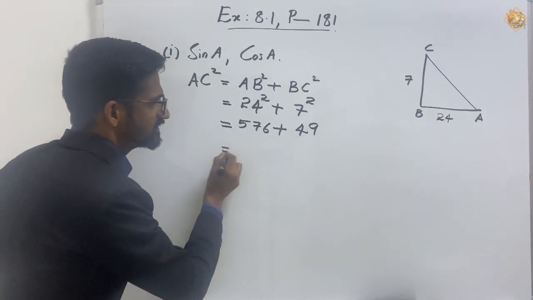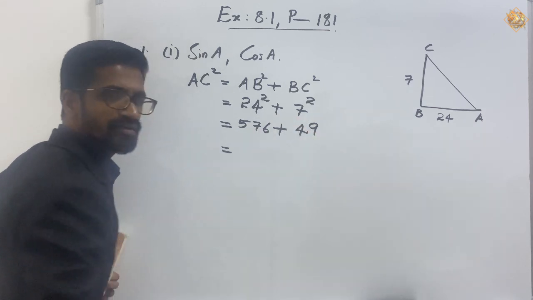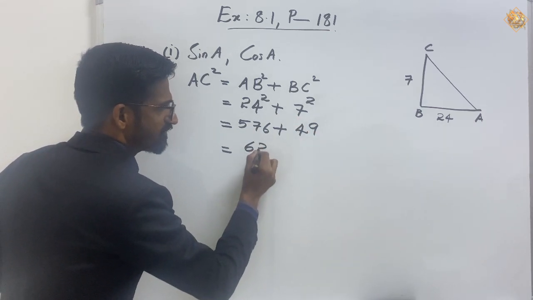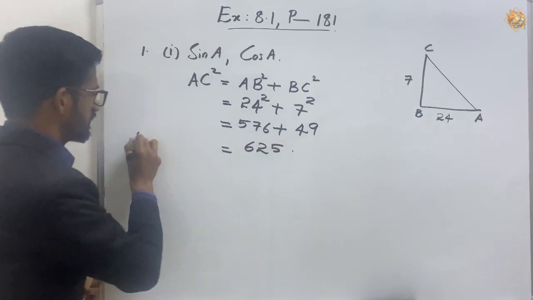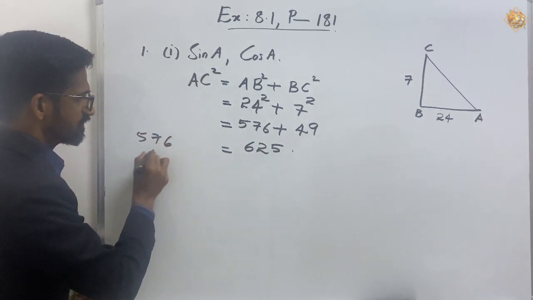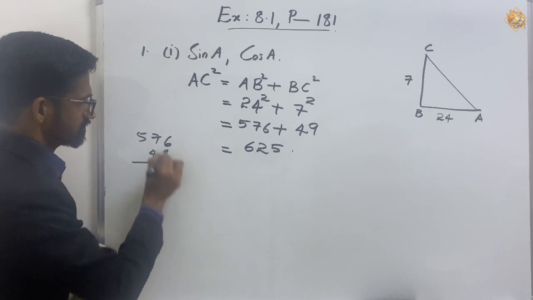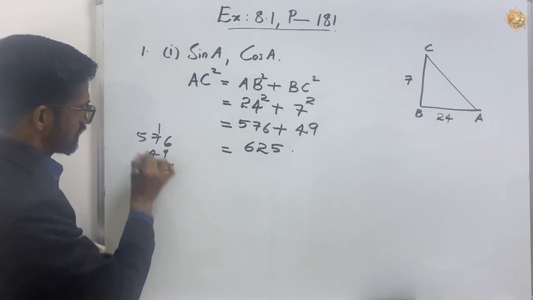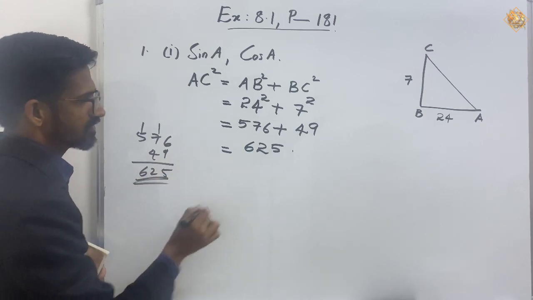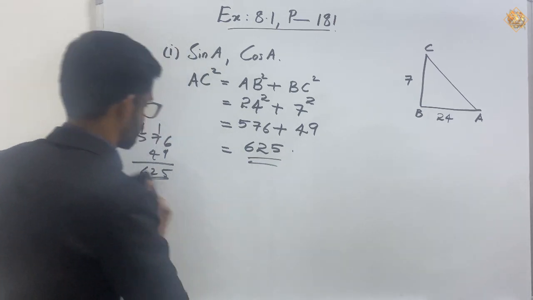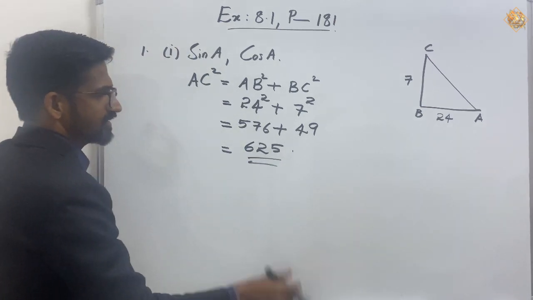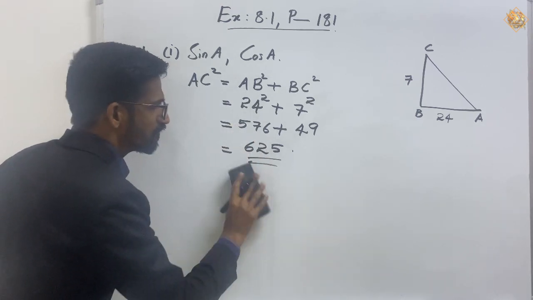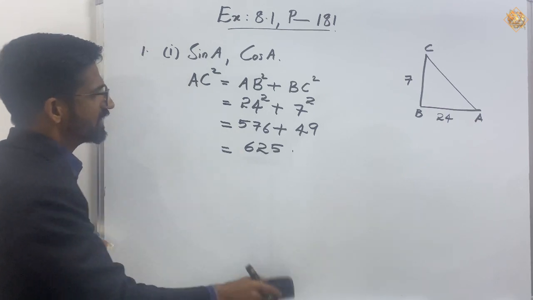Now when we add 576 plus 49, we will get 625. Now we got AC square equal to 625. Therefore, finally, what will be AC?